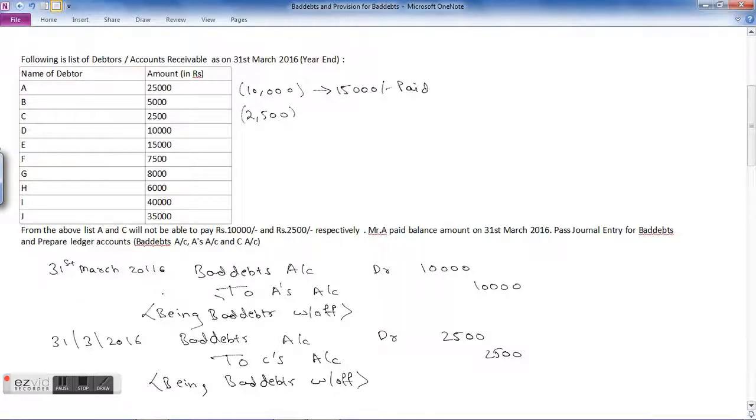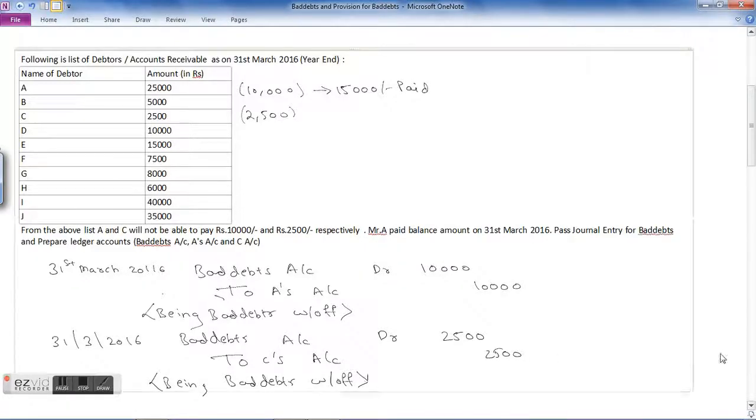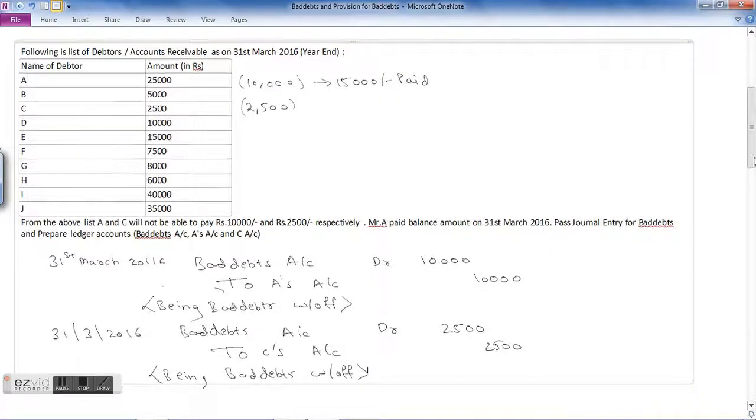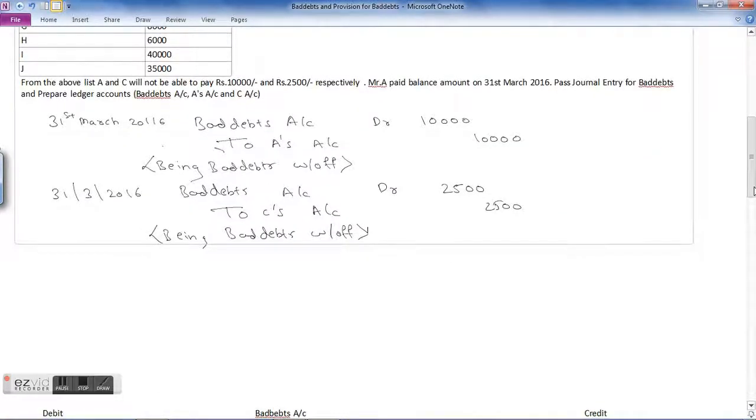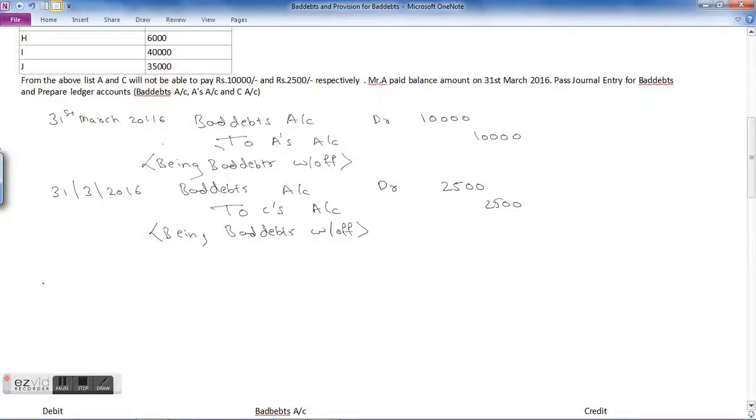Now what is the next entry? Mr. A paid the balance amount of 15,000, so we pass one more entry for the payment, also on 31st March 2016.